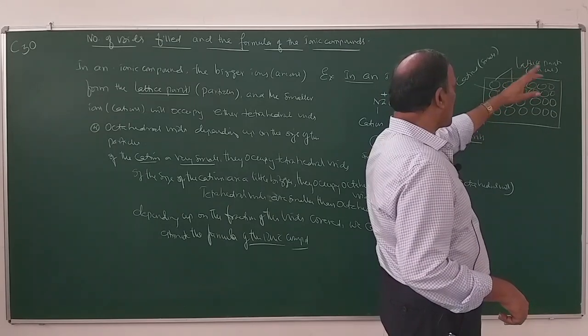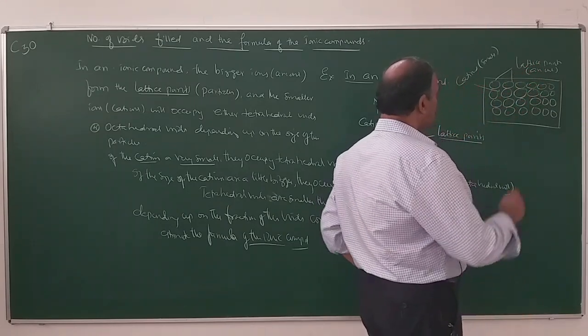So bear in your mind that for each particle, for each sphere, or each lattice point, the number of octahedral voids is equal to 1 and the number of tetrahedral voids is equal to 2.